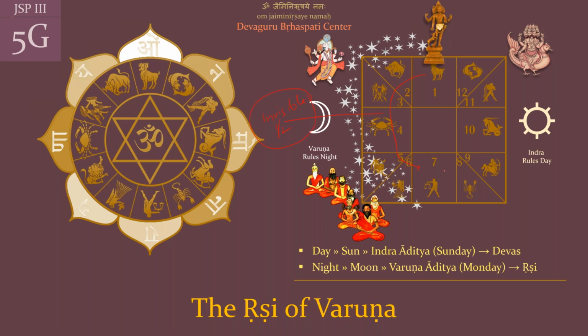And from the 7th to this is visible. That is the visible half. This over here, Lagna to 7th house, is a very, very powerful Shivalinga.